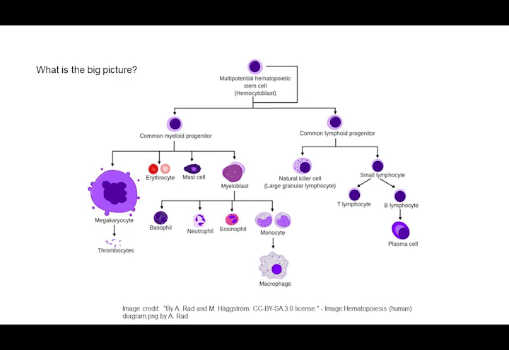The myeloid side includes all the white blood cells, or the leukocytes, which eventually will turn to basophils, neutrophils, eosinophils, monocytes. Also, at this highest level of the common myeloid progenitor, if we call it, just for clarity's sake, a common big M myeloid progenitor, that also is a progenitor to the red blood cells.